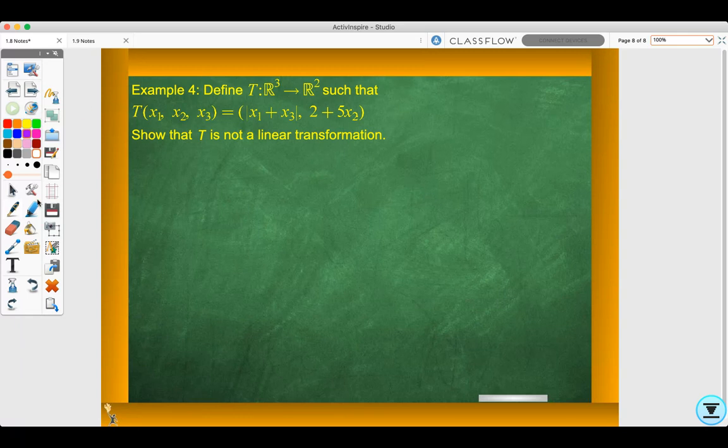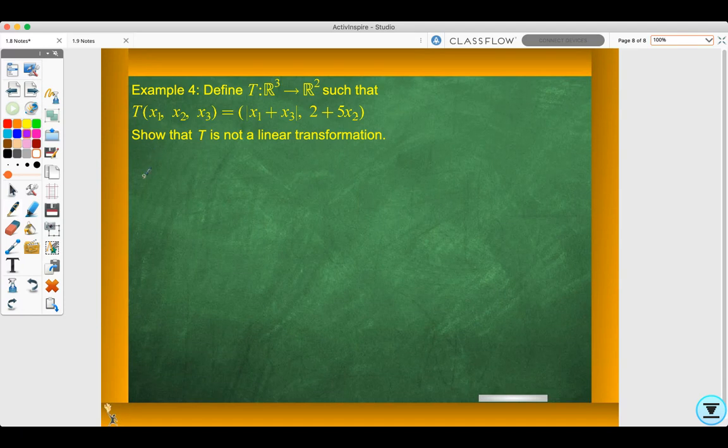Example 4. Define our transformation from R3 to R2 such that the transformation of x1, x2, x3 equals the absolute value of x1 plus x3 and 2 plus 5x2. Show that T is not a linear transformation. So this is just another way to write a transformation.